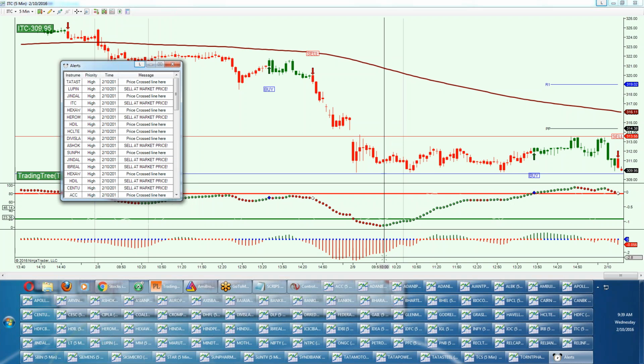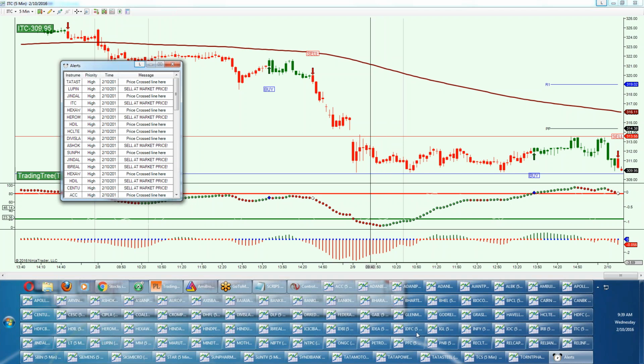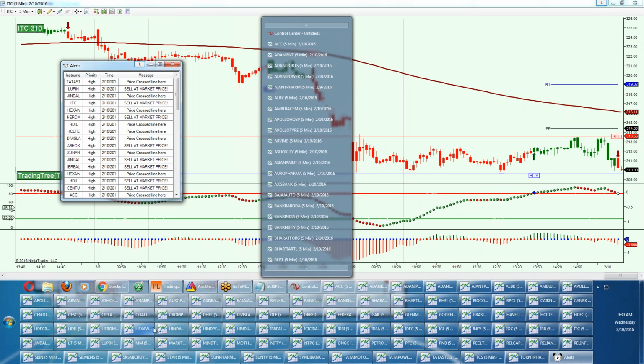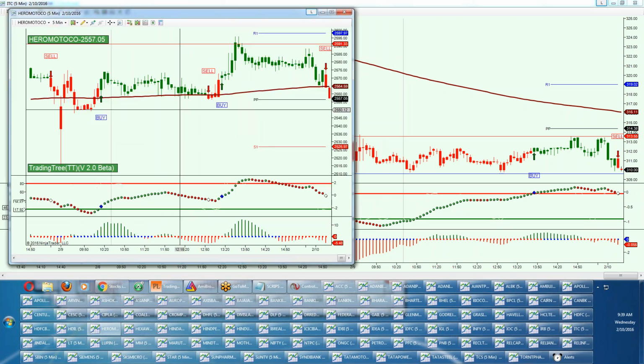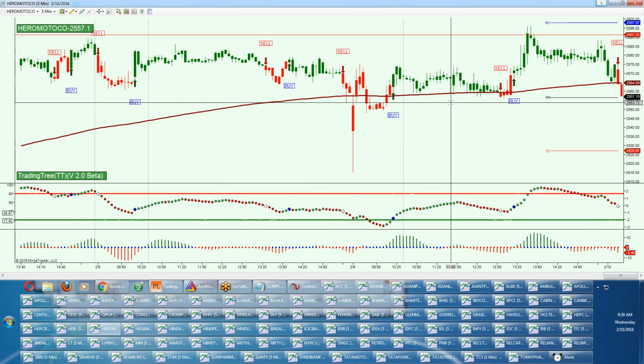Lupin, Jindal Steel, ITC, Hero Moto. So there you go, Hero Moto, you can short it below this PP.